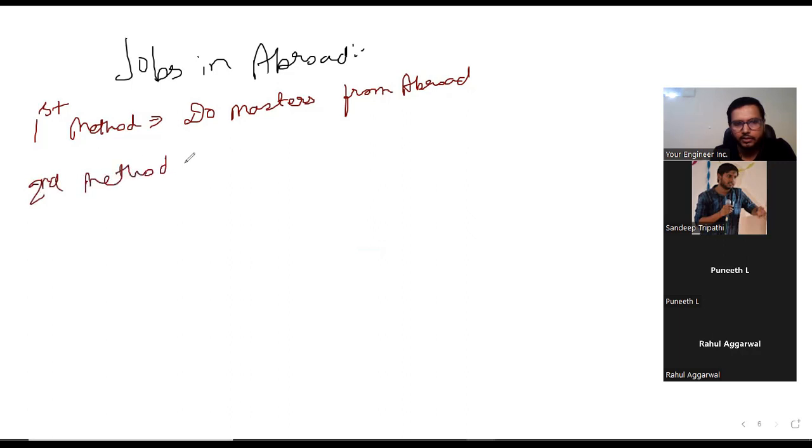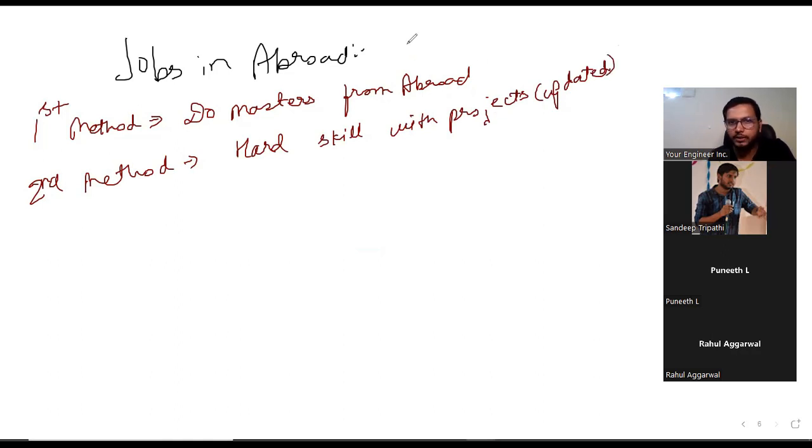The second method is hard skills with projects. Projects are very much necessary, and they need to be updated, meaning new projects, not some old design, which is very easy to copy.